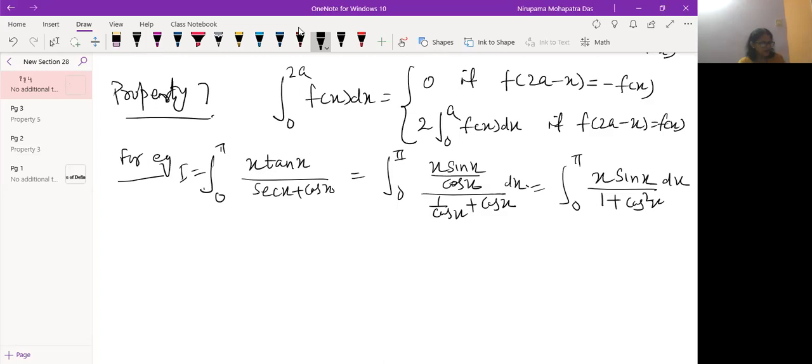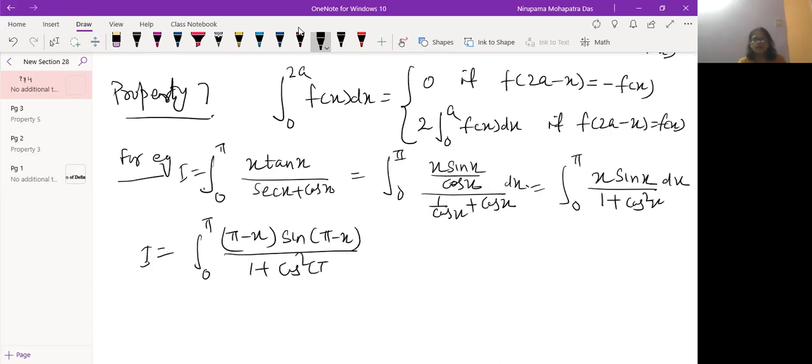So I equals this. Now I want to make it free, so I use integral 0 to a of f(x) dx equals integral 0 to a of f(a minus x) dx. So 0 to pi, pi minus x, sin of pi minus x, divided by 1 plus cos square of pi minus x.